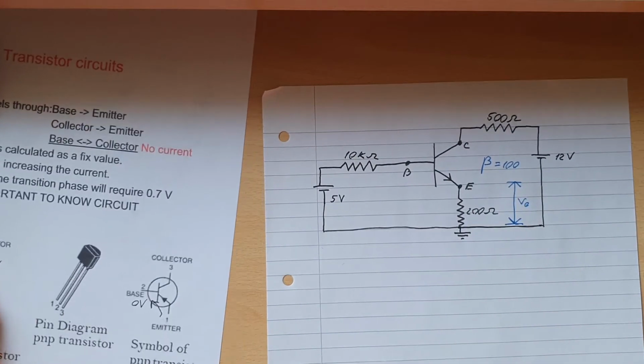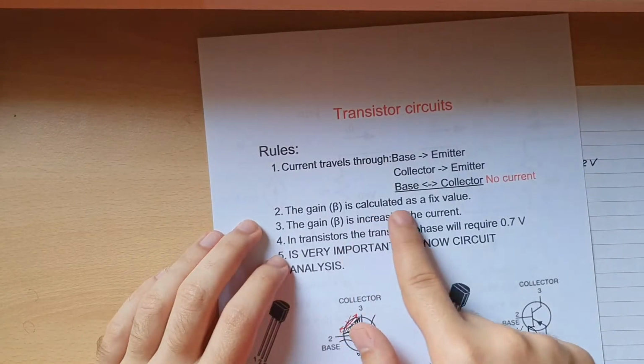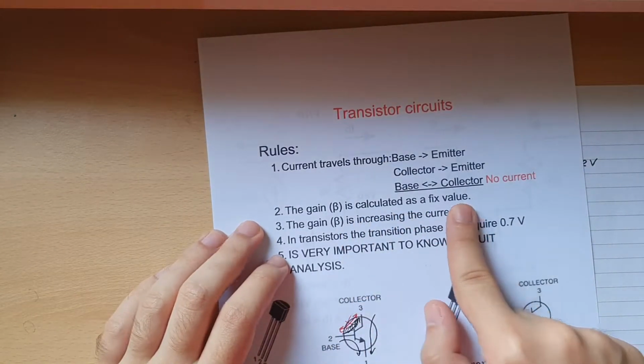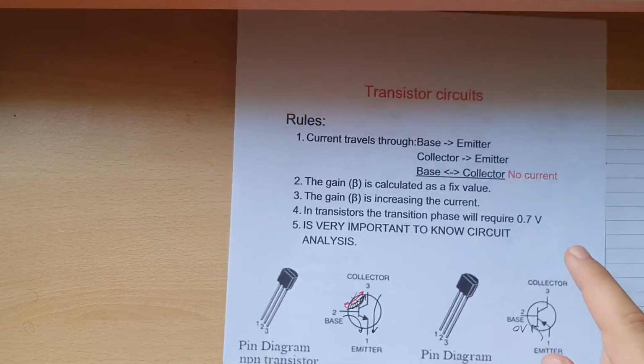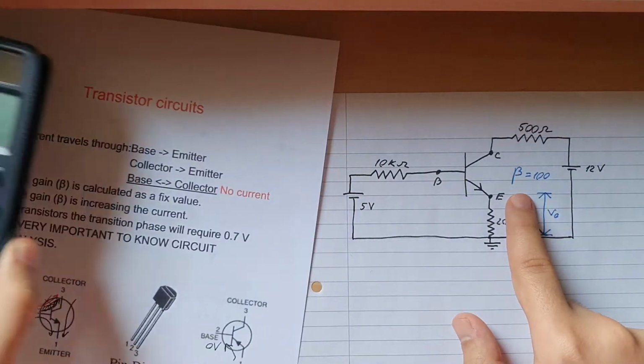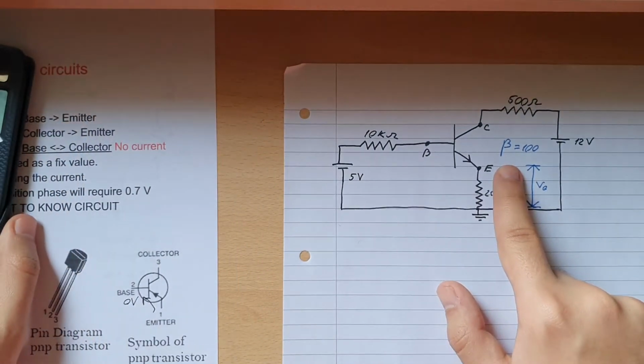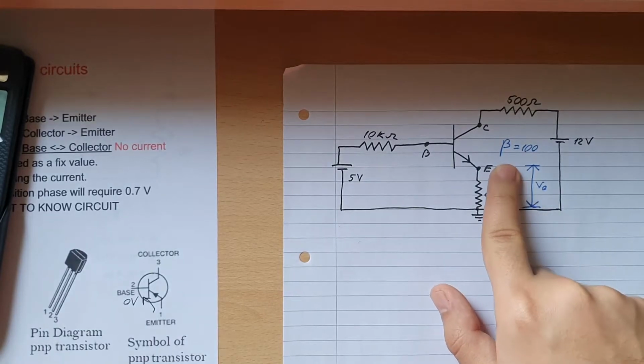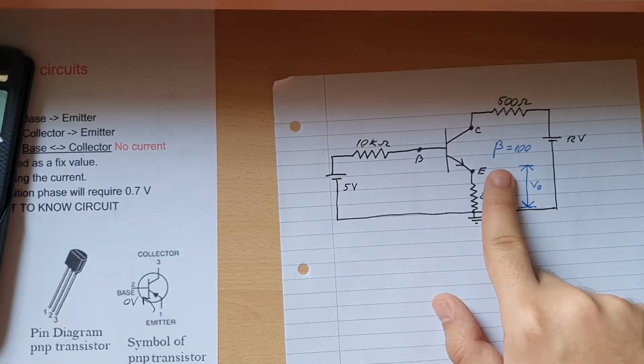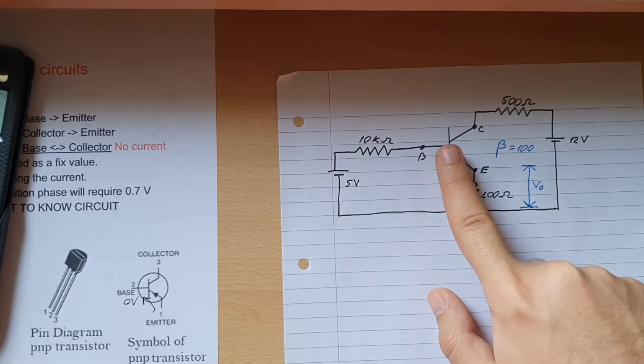Now, as I said in rule 2, the gain B is calculated as a fixed value. When you do the calculation for the transistor, the gain always stays the same. But I don't have the equipment to test at home whether I can make the gain higher or lower depending on the input.